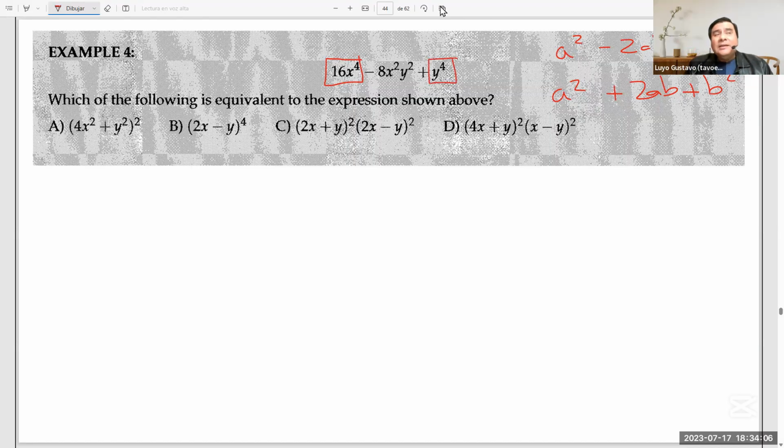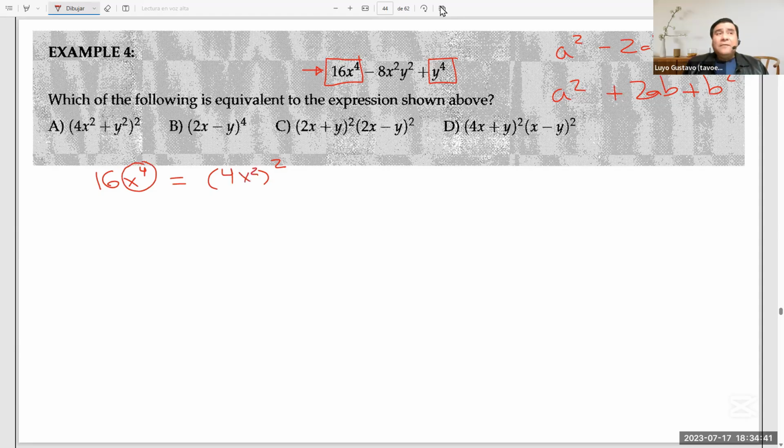So can you figure out whether 16x to the 4th is the square of some other term? 16x to the 4th would be the square of what? The square root of 16 is 4, and if you take the square root of x to the 4th, it would be x squared.